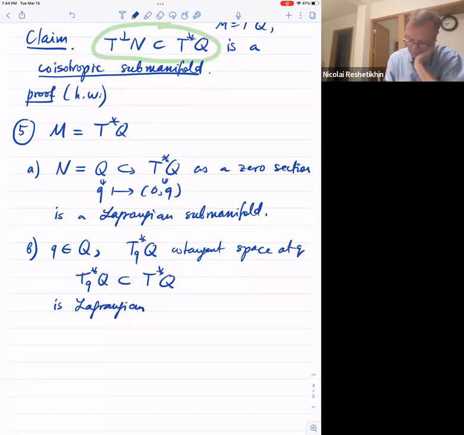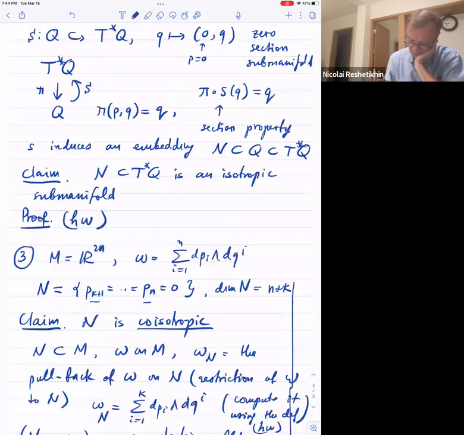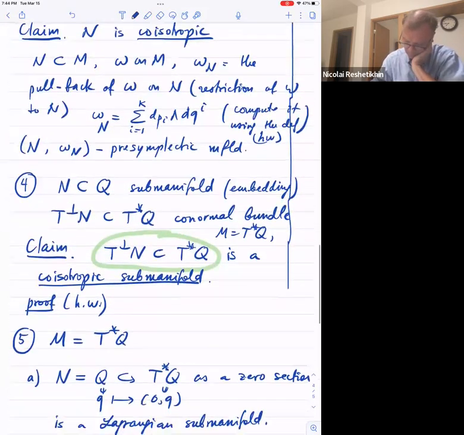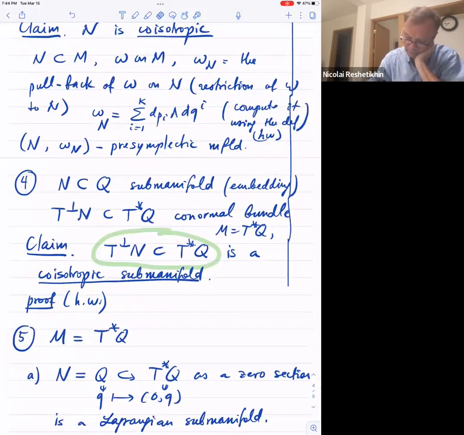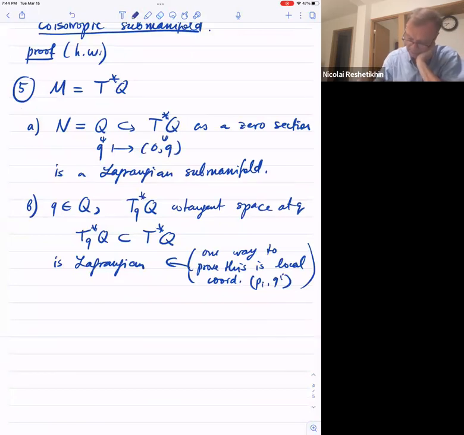In both cases, one way to prove this is local coordinates p_i, q_i. It's good in this case, and it's also good in this case.